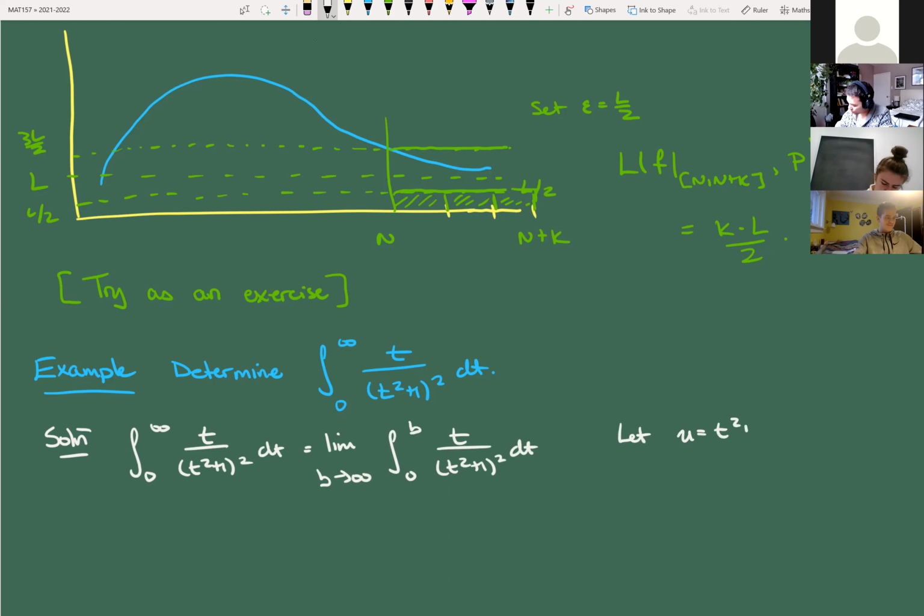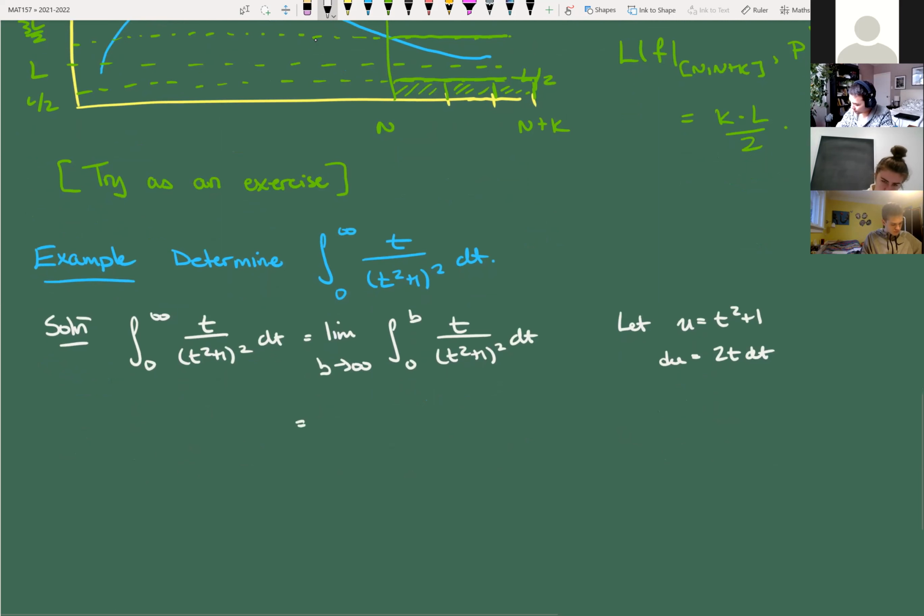Let u be t squared plus 1. du is 2t dt. So this will become the limit as b goes to infinity. All right, what do I need to change my things to? So this is going to become 1/2. This is going to become 1. This is going to become b squared plus 1 of 1 over u squared du.